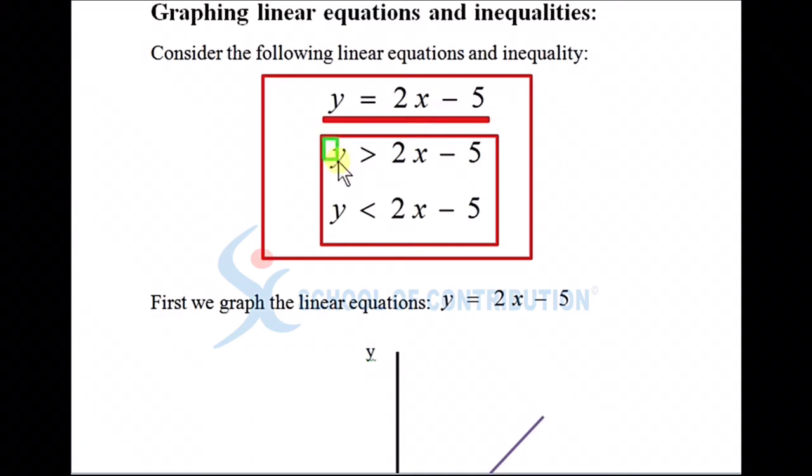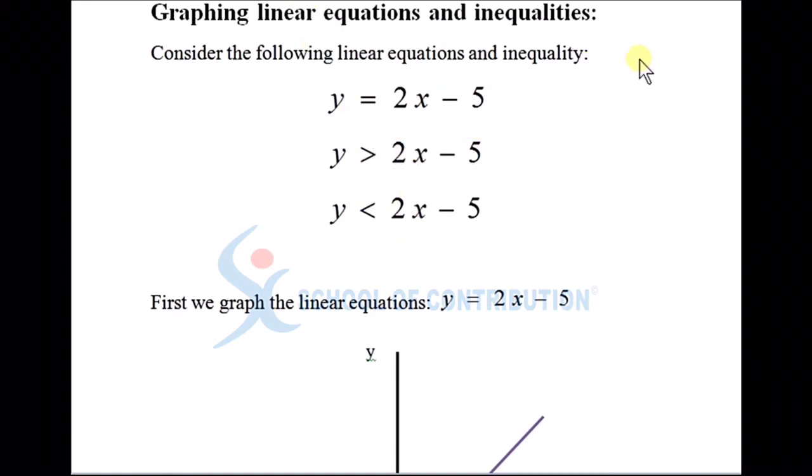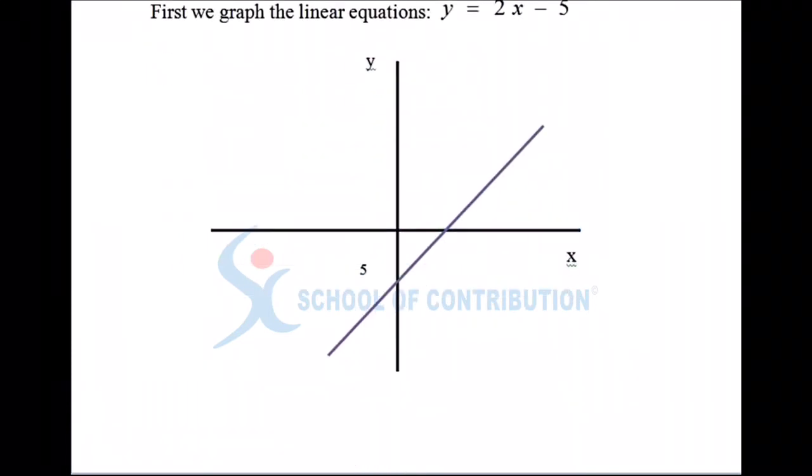And in this function we see that y is greater than this linear combination of x and 5, and in this case we see that y is less than the linear combination. Now if we know how to graph these linear equations, then we can easily know how to graph these two linear inequalities. So at the very beginning we show the graphing of the linear equation y equal to 2x minus 5.